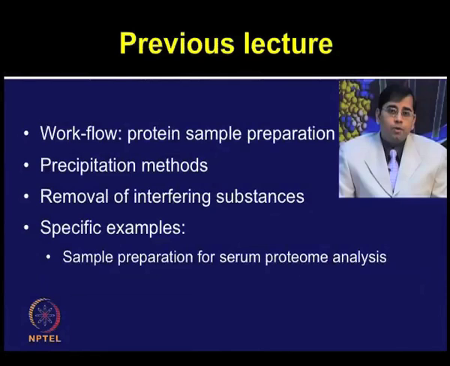So, we discussed a workflow for protein sample preparation, different types of precipitation methods, removal of interfering substances, and then in the last lecture, I started talking about specific examples.